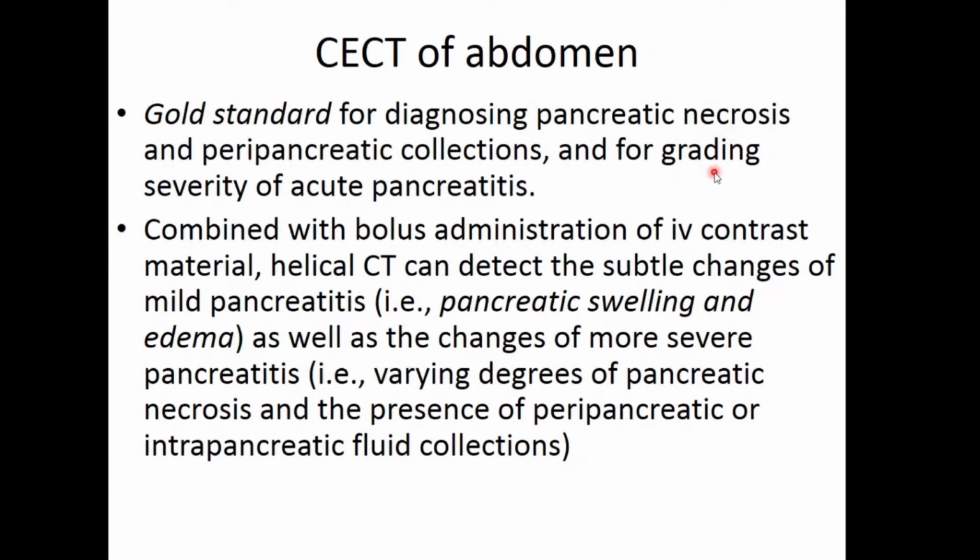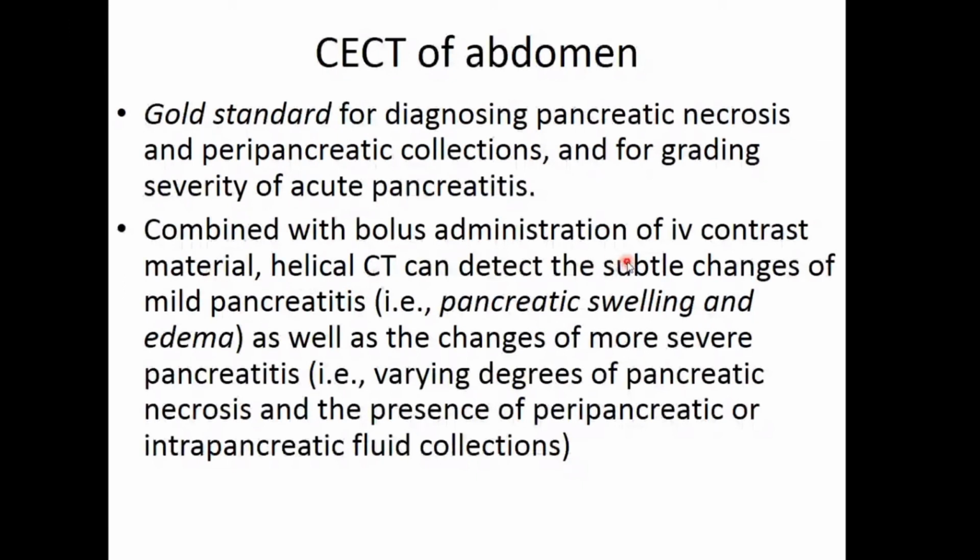In Balthazar criteria, we measure the degree of necrosis that has happened on a CECT scan, and based on that, if it is less than 30% of the pancreas necrosed, or between 30 to so much, we call it grade 1, grade 2, grade 3, and it goes like that. So we grade it based on the amount of necrosis that has happened.